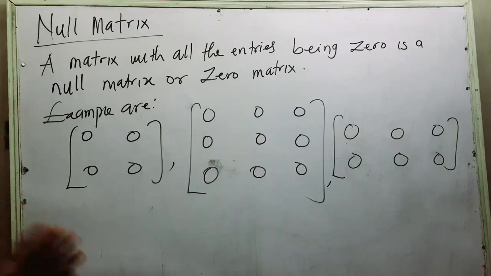So these are just the types of matrix that we have for now. We still have more than this, but we just have to explain this elementary aspect of types of matrix. So thanks for taking your time watching this class.